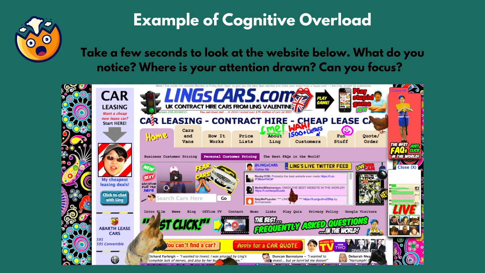Notice you can't really even focus your eyes on one particular place, which is causing our brain to compete, right? I can't even really figure out what is going on here. I guess it is a cars site, but because there is so much spammy stuff here, there's ads, there's just images randomly placed, we're not able to focus.